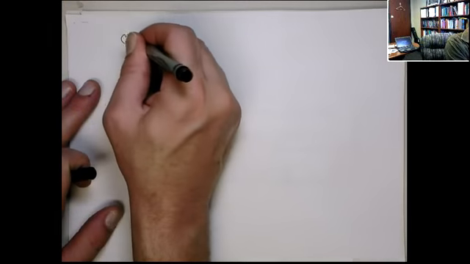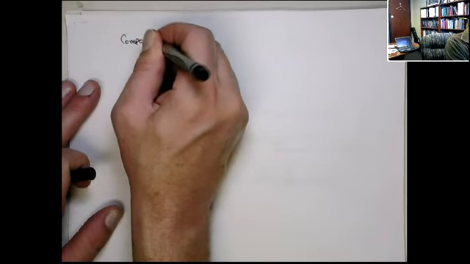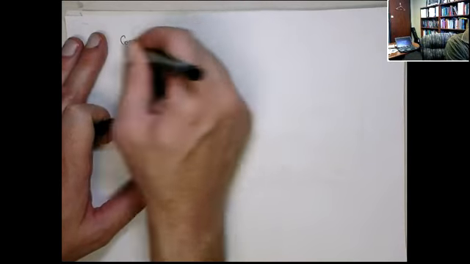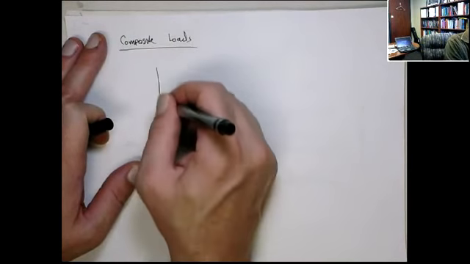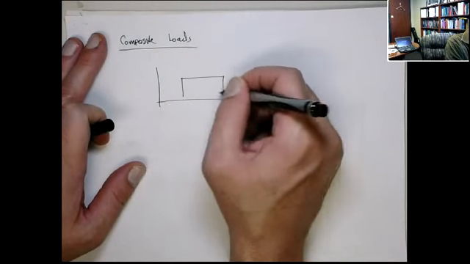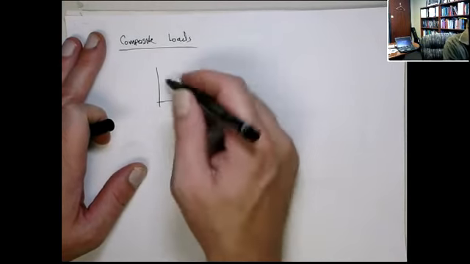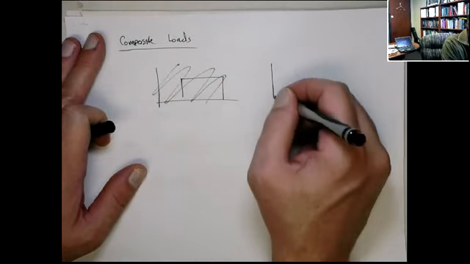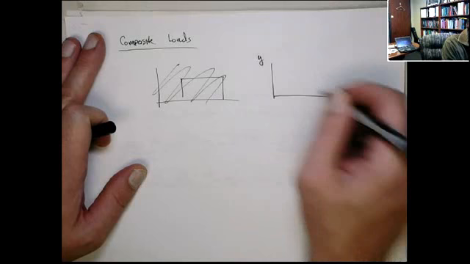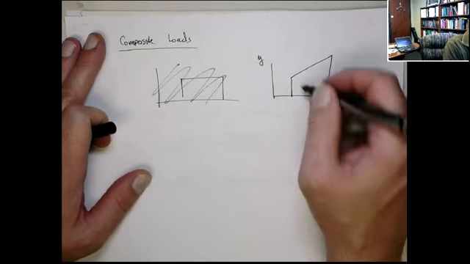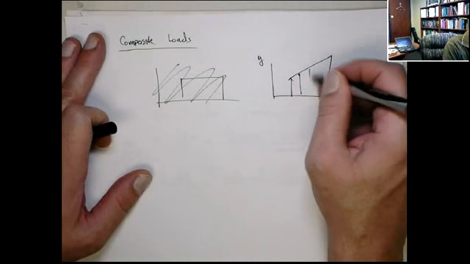So, for example, let's say you have a distributed load that looks as follows, with y and x axes. It's a trapezoid.